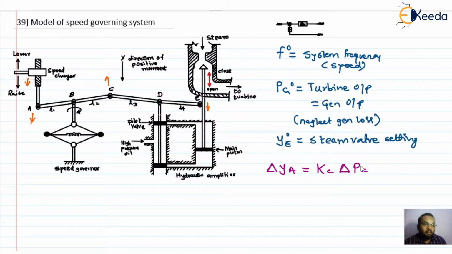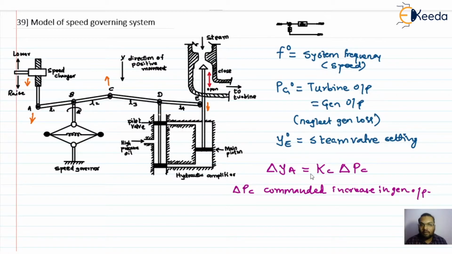I'm mentioning it as PC because it is a commanded input we are giving. So delta PC is the commanded change, or commanded increase in power, commanded increase in generator output, we can say.